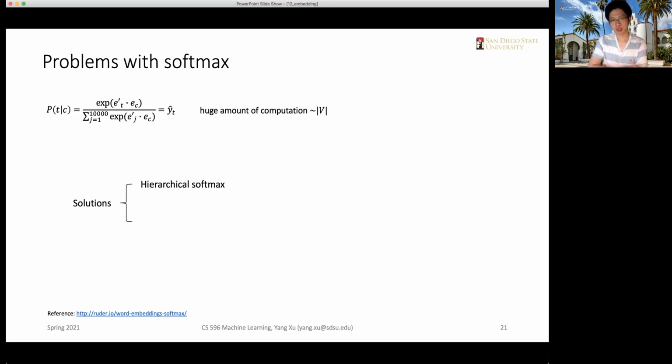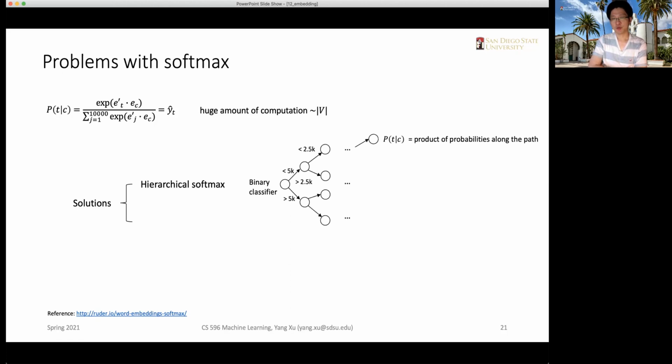So the solution is that in order to approximate it without having to compute all the dot products, we can use something called hierarchical softmax, for example, which basically uses a binary classifier at each layer to predict whether the target word is within the first half or the second half of the vocabulary, and then it will reach the probability for each target word with a cost that is proportionate to the logarithm of the vocabulary size, right?